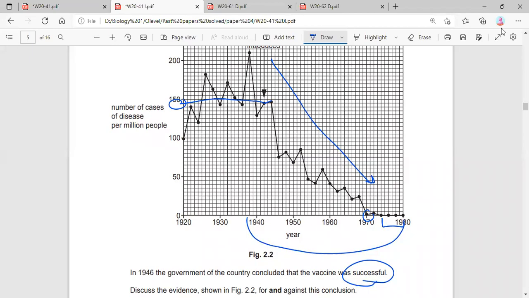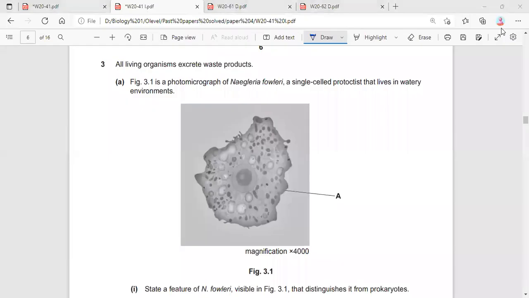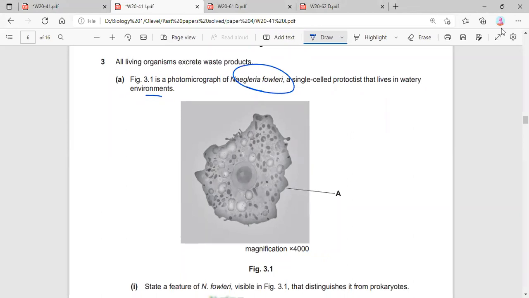Okay? Question 3, all living organisms excrete waste products. It is a photomicrograph of Naegleria fowleri, a single-celled protoctist that lives in water environments. State the feature visible that distinguishes it from prokaryotes. Of course, the prokaryotes are the bacteria.